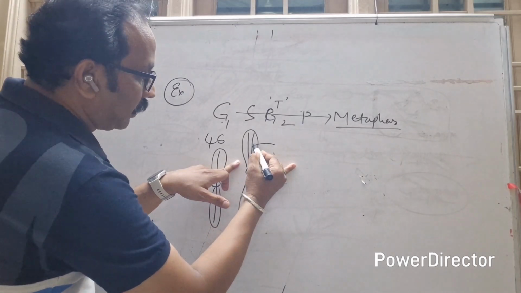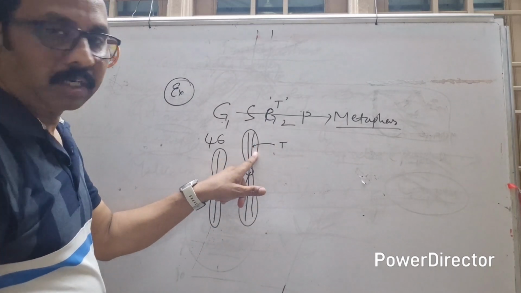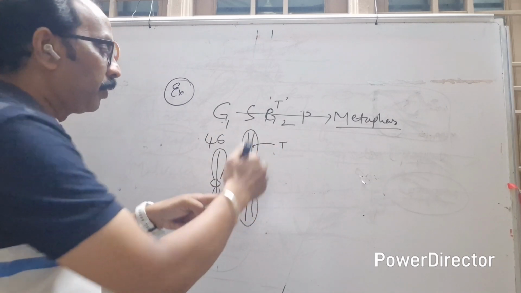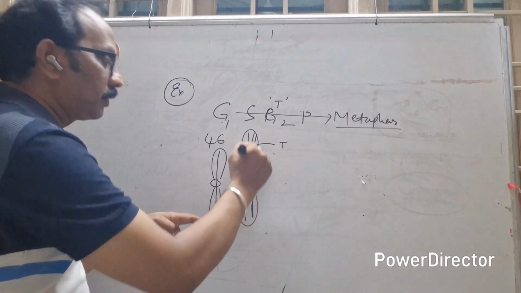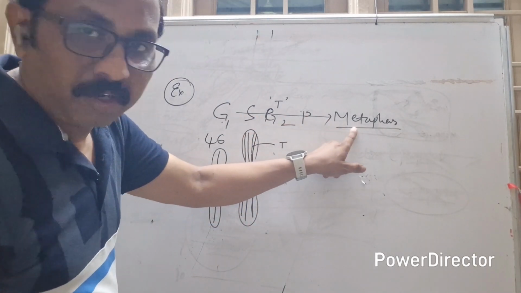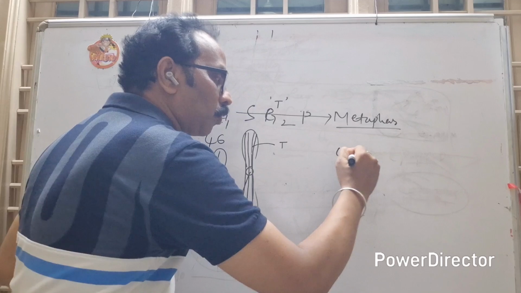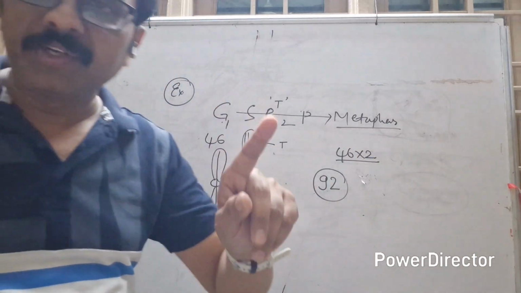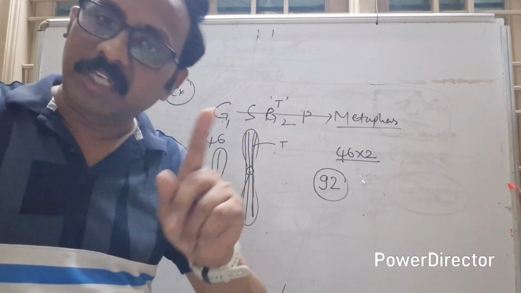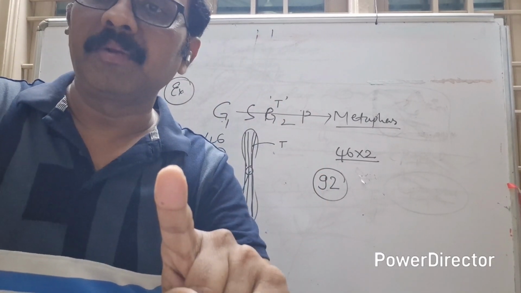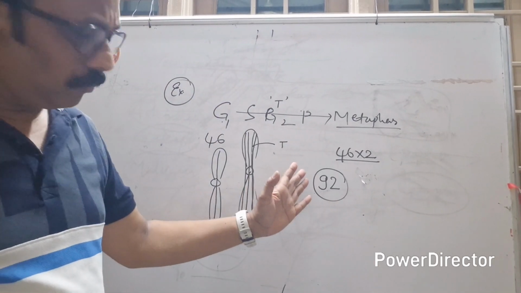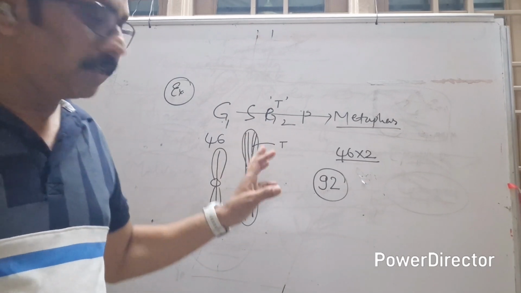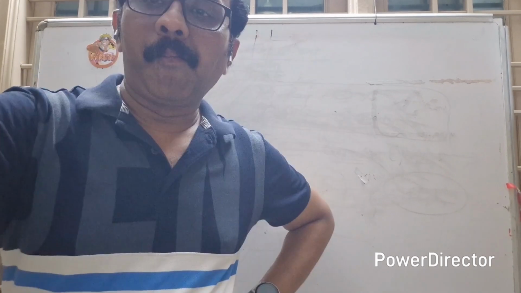The DNA takes up the radioactive thymidine, so by the semi-conservative mechanism each new DNA has one radioactive strand. At metaphase, it is 46 chromosomes with 2 DNAs each, that is 92 chromatids, or 92 DNAs. Even though each has only one radioactive thymine strand, all 92 DNAs will contain the radioactive thymine. That is the answer. This is how you have to attempt the questions.